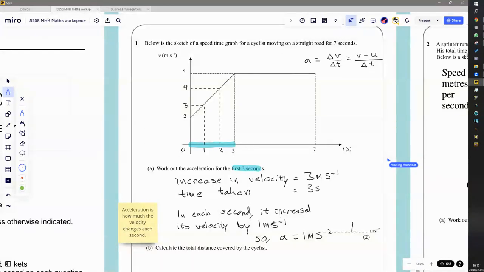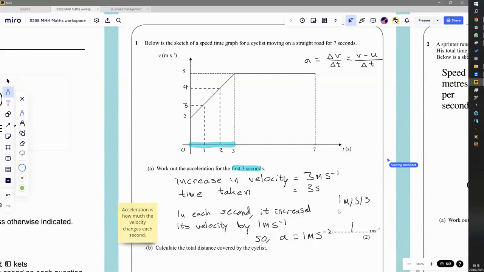So if it's increased by 1 meter per second, then we could write it as 1 meters per second, because that's what we're saying here. It's increased by 1 meter per second in each second, so per second again.